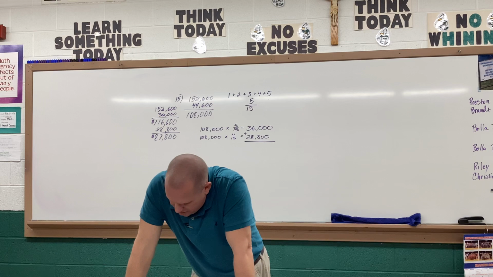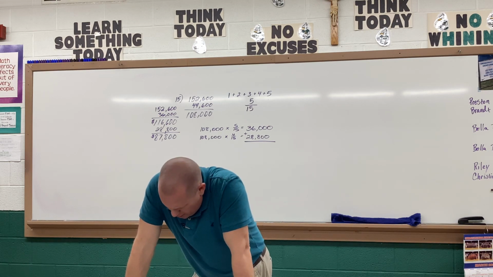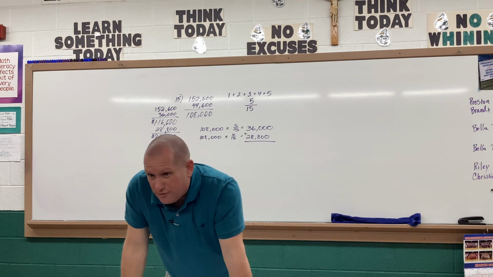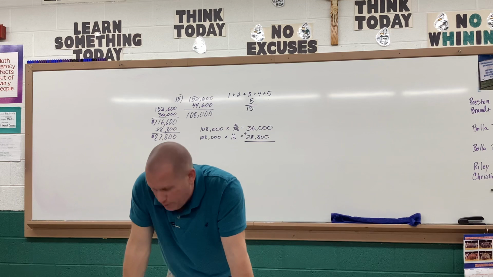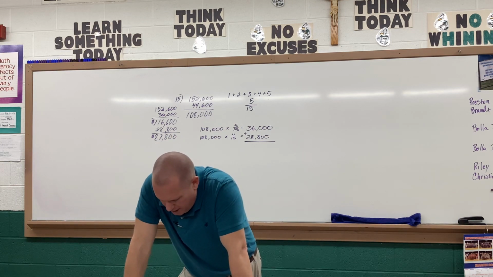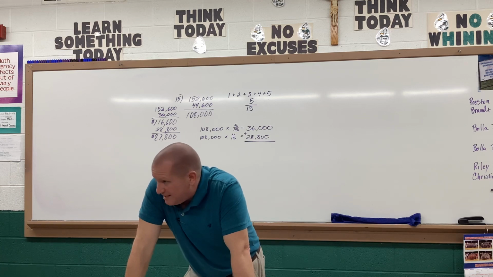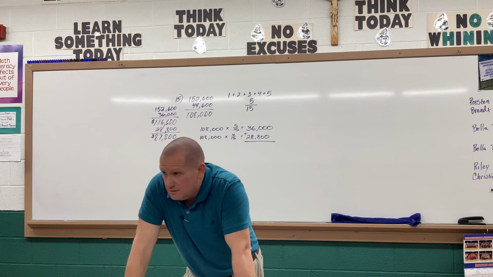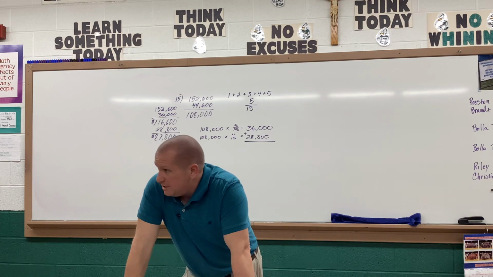Then it says, how much does this workstation cost per year? So $21 is per square foot. The workstations are 30, so I take 30 times 21 to get the second answer, 630. That makes sense to everybody?